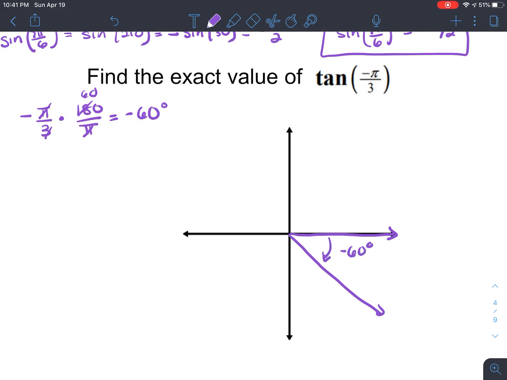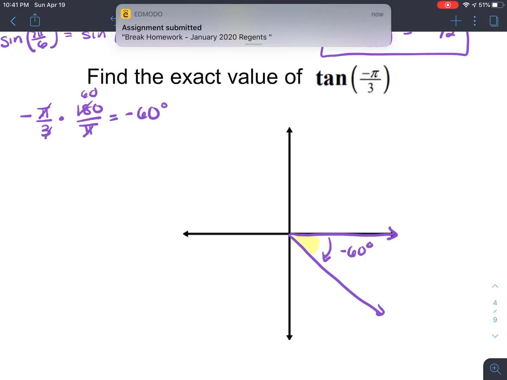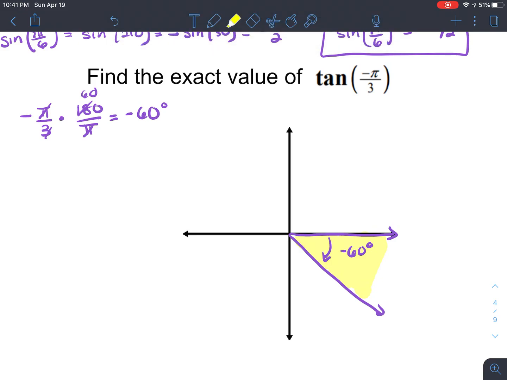It's negative 60 degrees. Now, remember our reference angle is the positive measure of the angle between the x-axis and our terminal side. So even though this has a negative 60-degree measurement because of the direction, the reference angle is just equal to the positive 60.